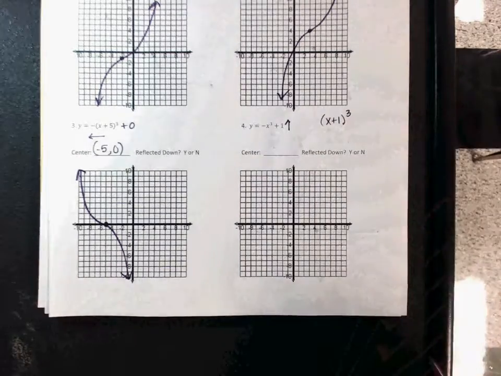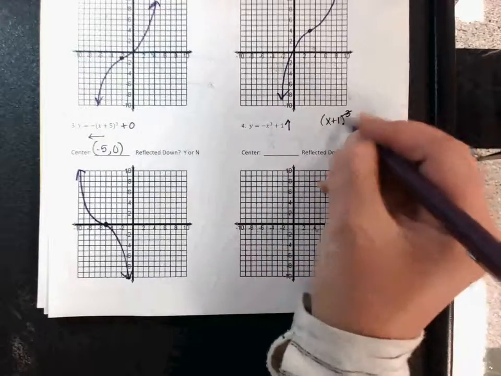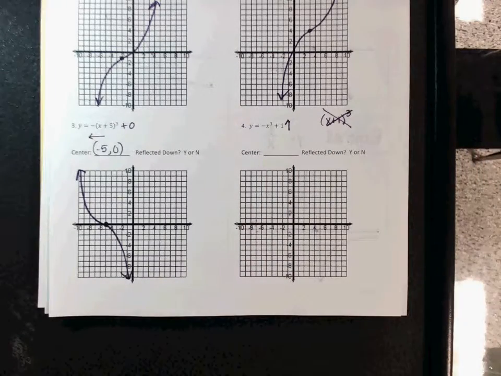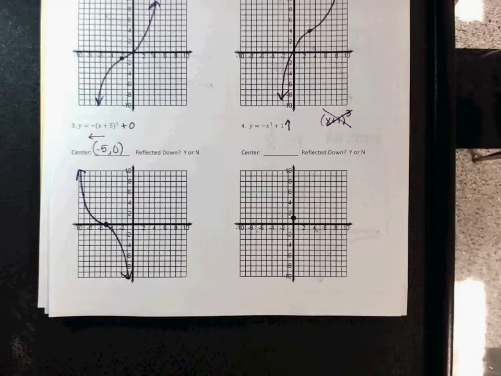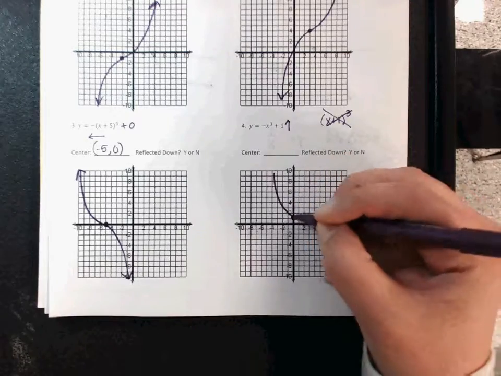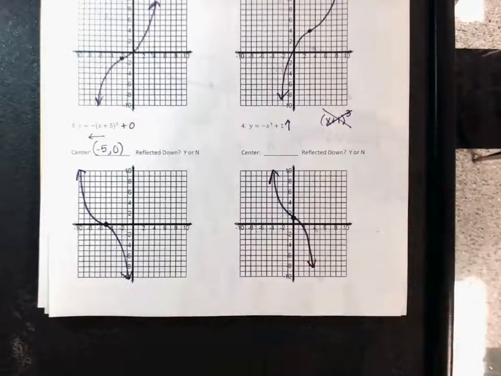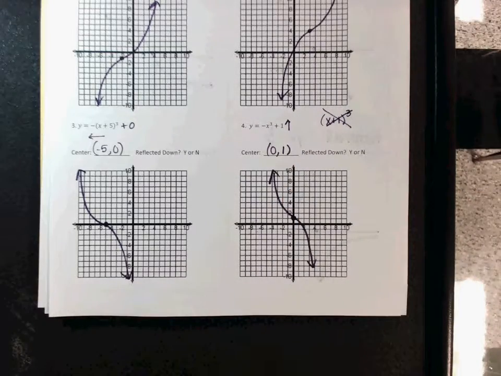Then would it count as to the left? Yes, but if it's not in parentheses, then it counts as your up-down number. That's the difference, okay? So I'm going to go up 1 right here. And then am I going to swivel up or down? Look at the very front. I got that minus there. That means I'm swiveling down. Okay? And your center would have been 0, 1. Make sense?